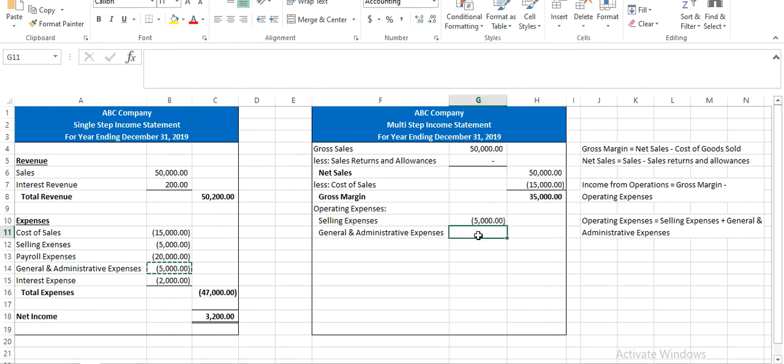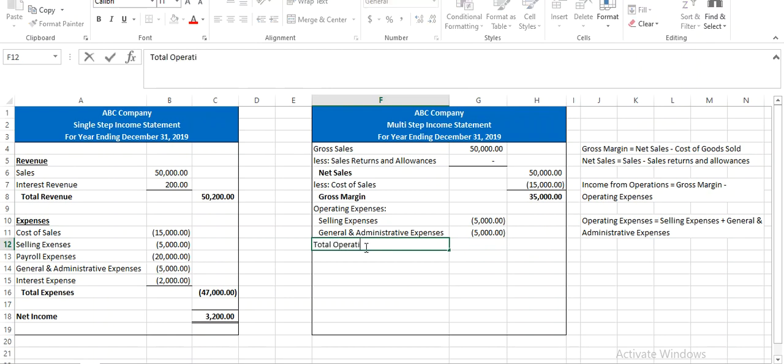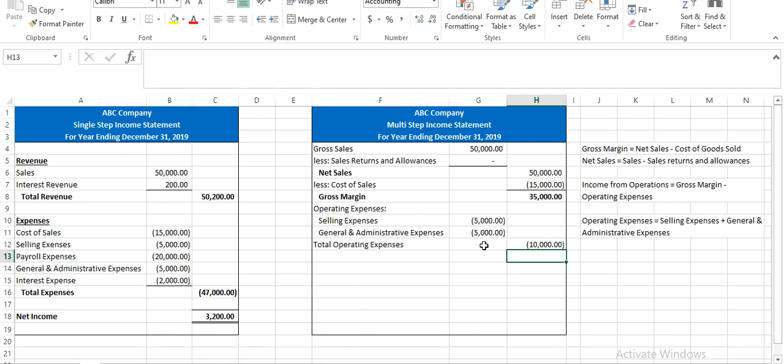General and administrative was also $5,000. And so that just means that my total operating expenses is equal to this plus this. Looking at it, I should know it's 10,000. And so I know that my formula is correct because my total operating expenses is $10,000.